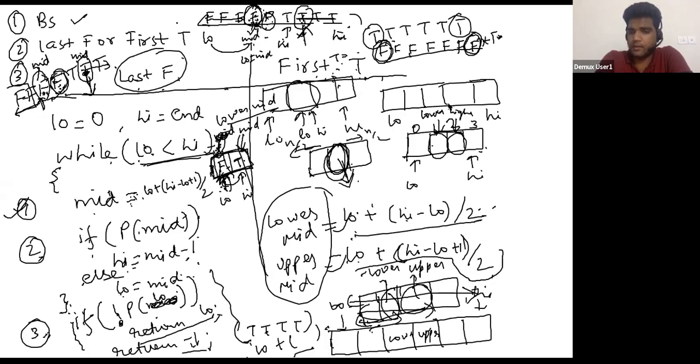The formula gives high minus low, which is 5 minus 0, by 2, which is 2, because these are all integers. So you take 0 plus 2, which is 2. And for an upper mid, you take 0 plus 5 minus 0 plus 1, so 6 by 2, which is 3. 0 plus 3, which is 3.